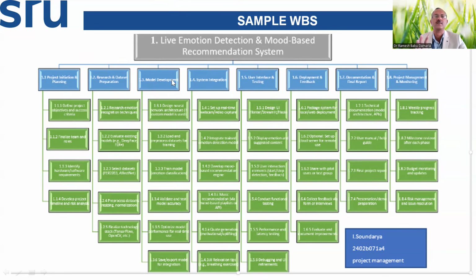Model development, system integration, user interface and testing, deployment and feedback, documentation and final report of the project, then project monitoring and controlling are divided. Now, further, under user interface and testing 1.5, it is further divided into 1.5.1, 1.5.2, like designing of UI, the display of the systems like this.